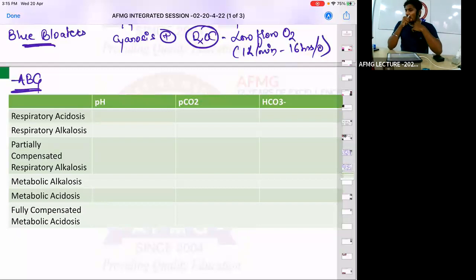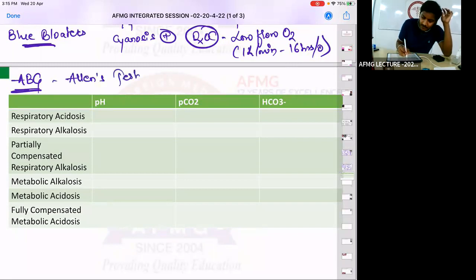And which test is done? Allen's test is performed to check the patency of the palmar arc. This has been asked. Allen's test is done prior to ABG. No issues with this, guys.